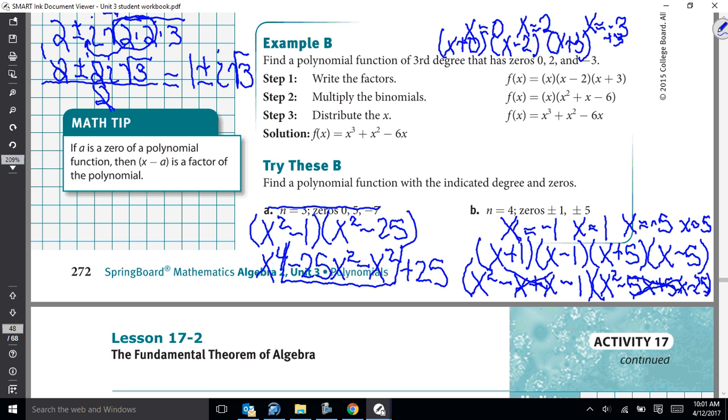Combining like terms. All right, so this is our 4th degree polynomial, so it meets our requirements. That has these 4 zeros. All right, questions there?